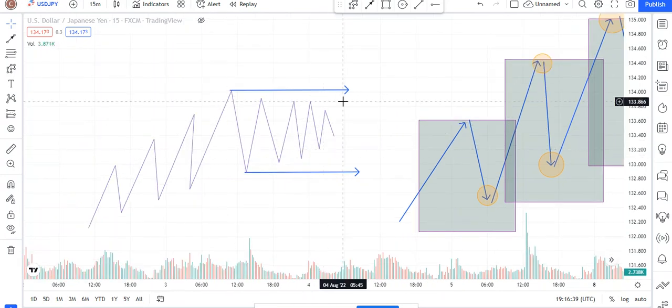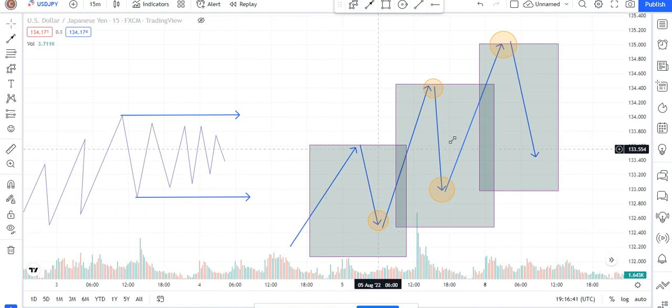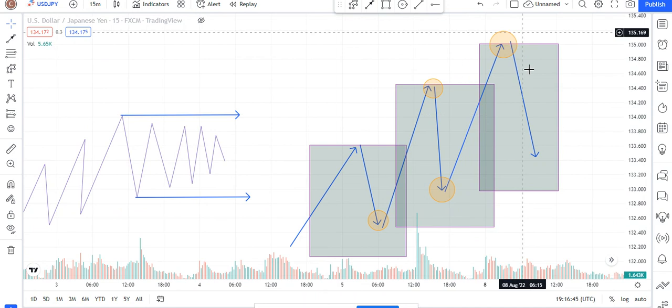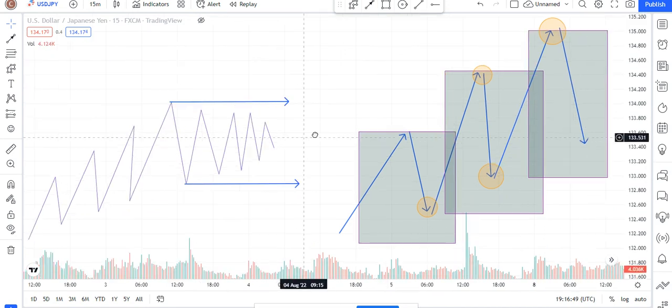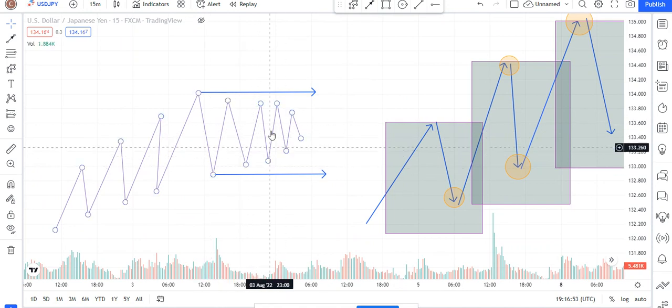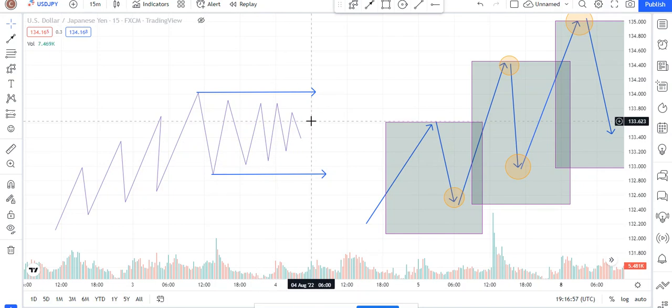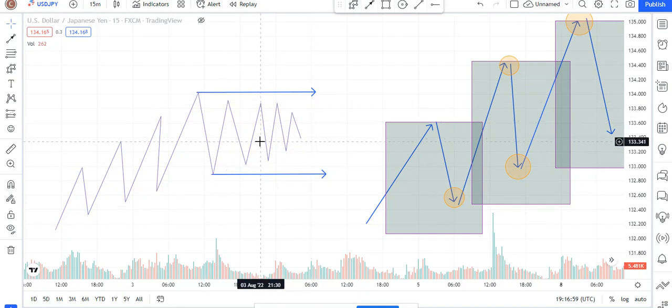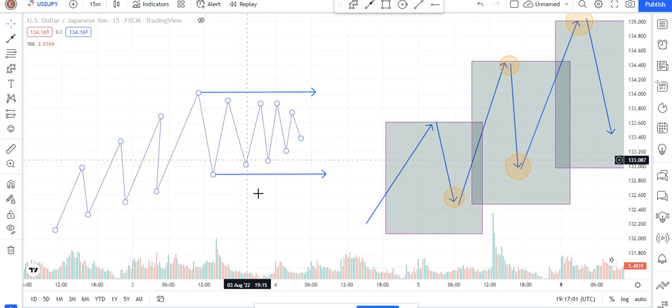So this is a range, and these are also ranges. But in a trending environment, the range always keeps changing. The range always keeps shifting. But when it is ranging, the range stays in one place. That range is neither broken upward or downward. So at this kind of condition, we're just sitting on our hands and we don't know what to do.